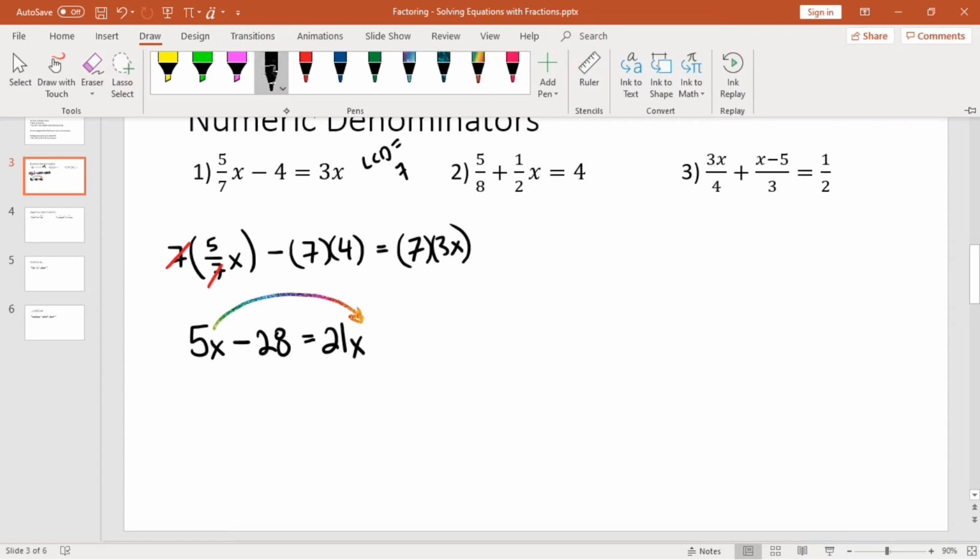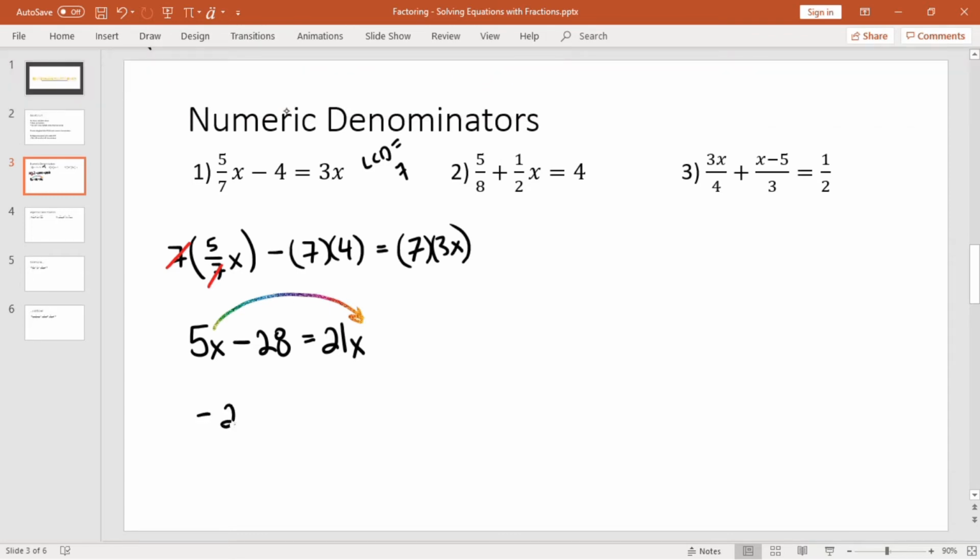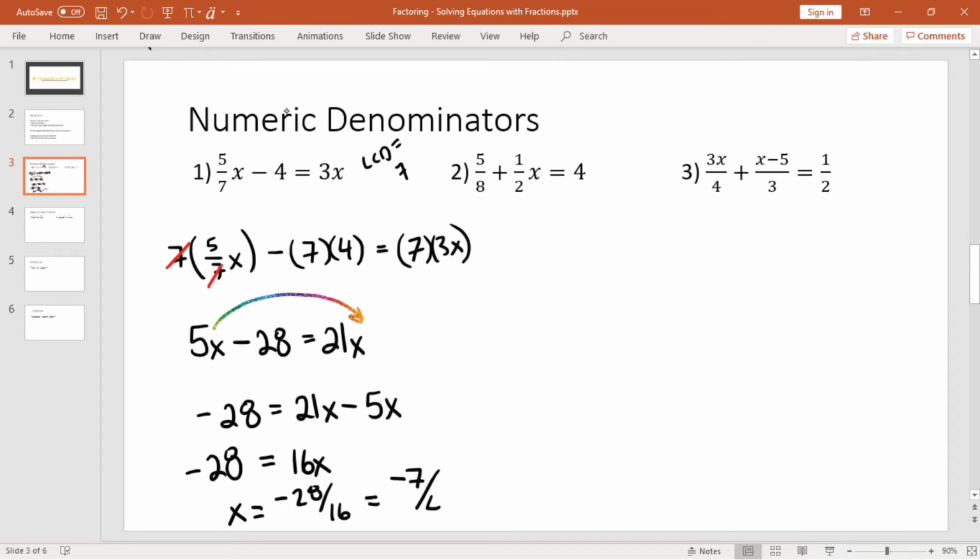When I do that, it's going to be negative, so I have negative 28 equals 21x minus 5x. And then I have negative 28 equals 16x, and then I get x is going to be negative 28 over 16. Those are both divisible by 4, so always reduce those fractions, and you're going to have negative 7 over 4.